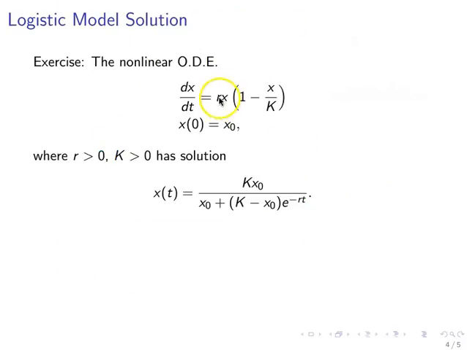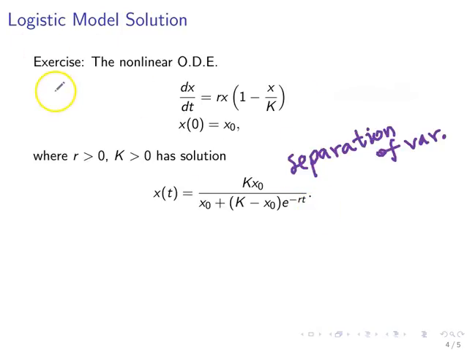So in summary, this differential equation, known as the logistic equation, with an initial condition x sub 0 and parameters r and k, has a solution that looks like this. You can compute this solution using separation of variables, and in fact you will also have to apply partial fractions.